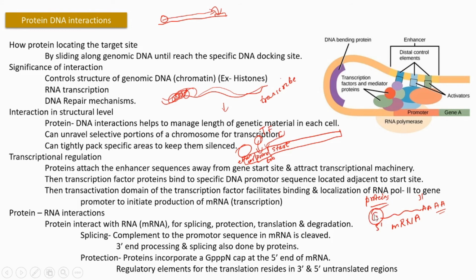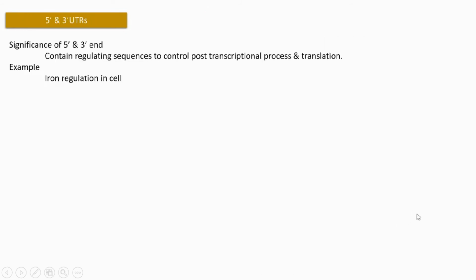The addition of this cap and this tail are part of protecting the mRNA. So in protecting mRNA also, many protein-RNA interactions are involved. Then there is another significance for the 5' and 3' ends of the mRNA.